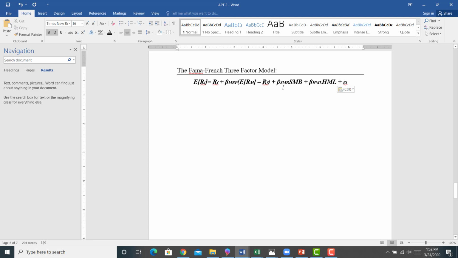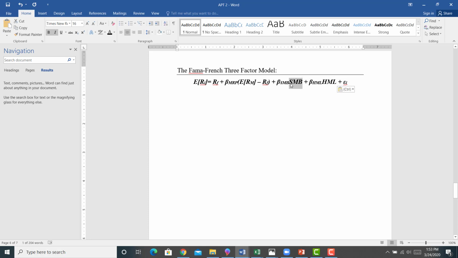Now let's extend it. It's not perfect, right? We're approximating what we think systematic risk is. Let me highlight something here. What we're going to do is extend CAPM by including two other additional risk factors, which I'll explain. The first risk factor is called SMB.